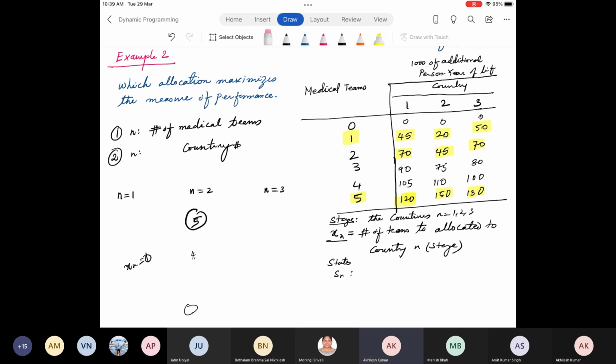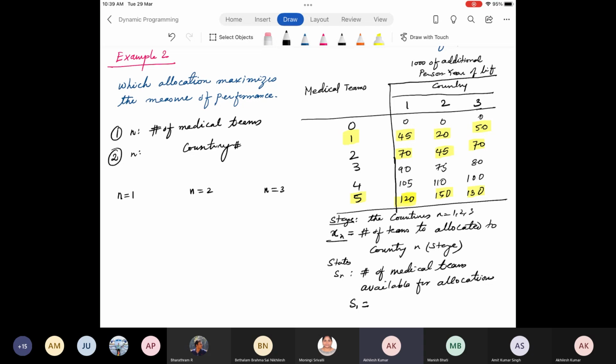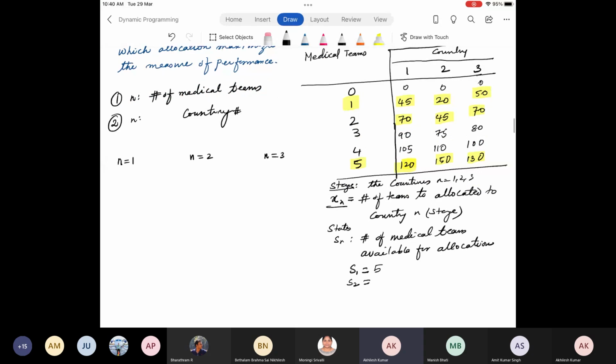So I can write my state definition as number of medical teams available for allocation. So if that is the case, what would S1 be equal to? Five. What would S2 be equal to? State at stage 2.